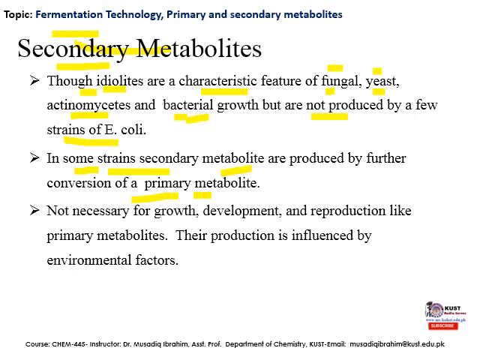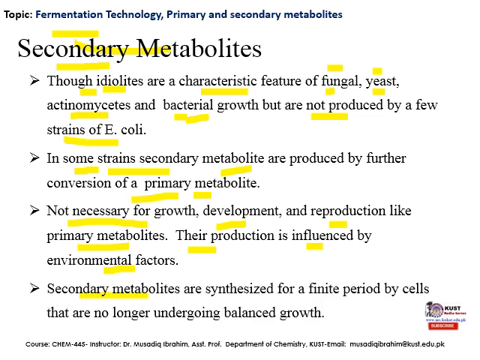Now, as we know, the secondary metabolites are not necessary for growth, development, and reproduction, as is the case for primary metabolites, which are important for all these three processes. But the production of the secondary metabolites is influenced by environmental factors like pH or suboptimal concentrations of oxygen.